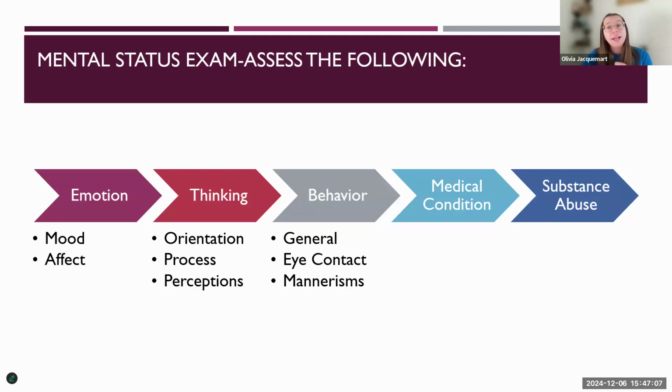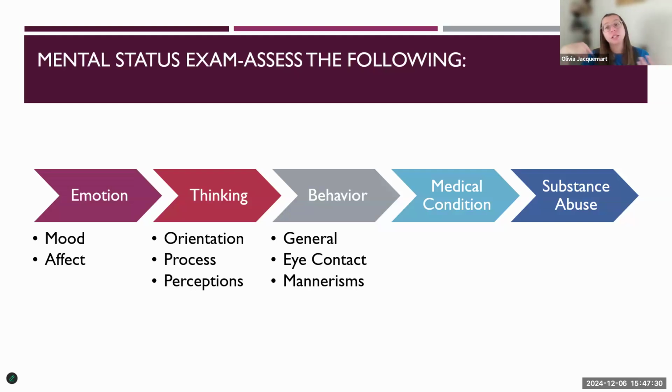Their mood, their internal feeling, and then their affect, that is going to be their external presentation, their facial features. So you may describe their affect as being depressed, sad, could be angry, or it could be positive, negative. It needs to be described in some way.